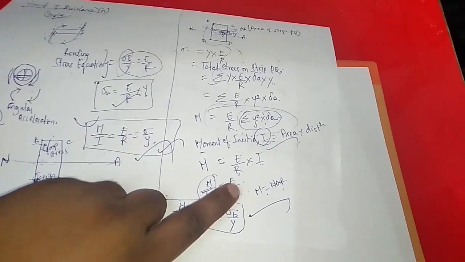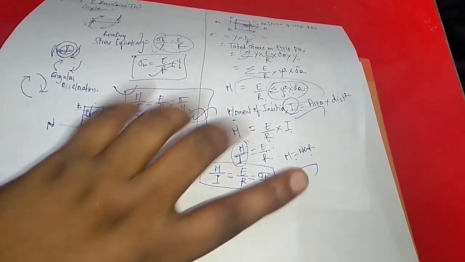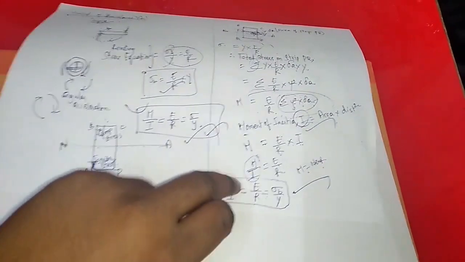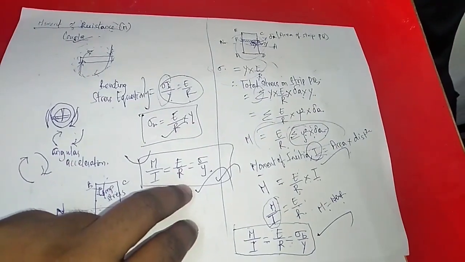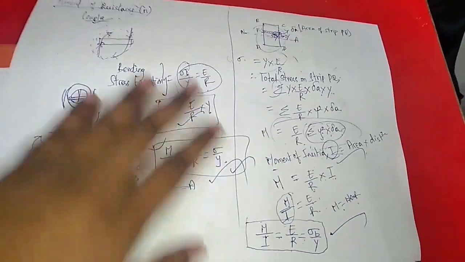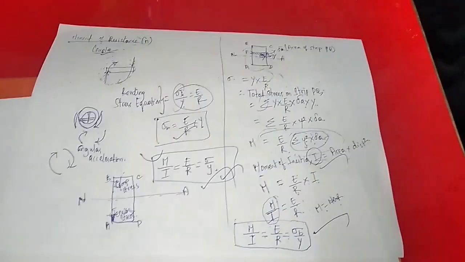Okay. So already this E by R is equal to sigma B by Y. So these three equations we can write together like this. This equation is known as the moment of resistance of bending, and this is known as the theory of simple bending. So what is the theory of simple bending?